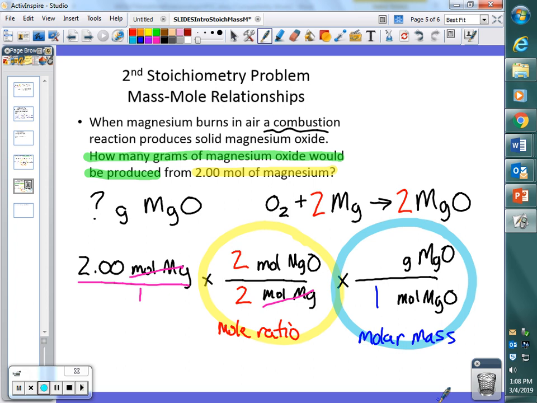But do we only have magnesium in this problem? No, we have magnesium joined together with oxygen. So to find the molar mass, you're going to add the molar mass of magnesium plus the molar mass of oxygen. Add the two of them together, and that will be the number on the top.